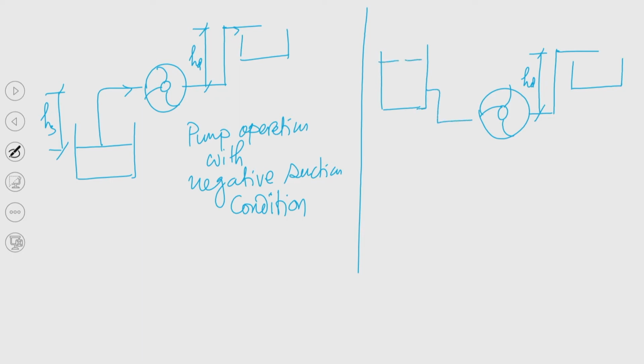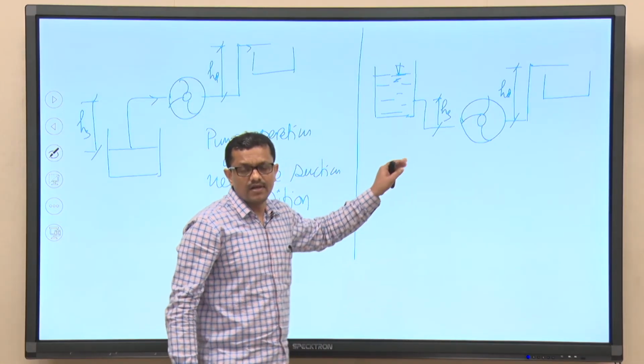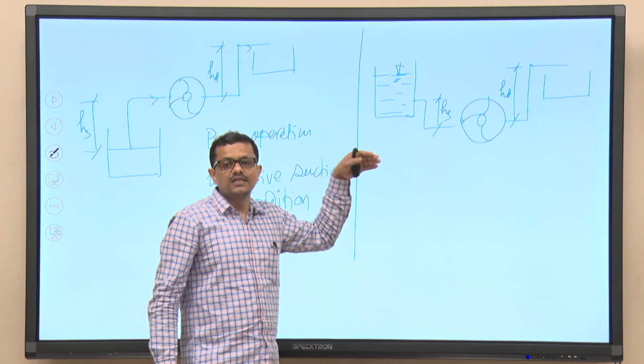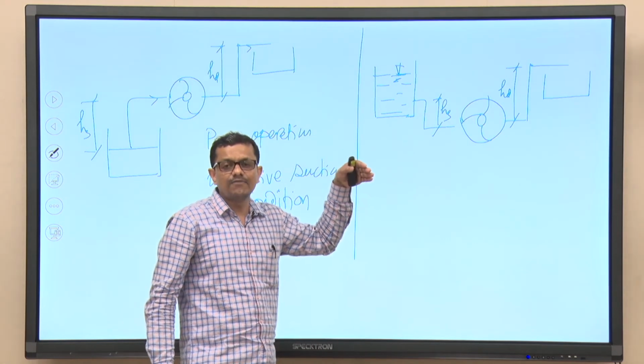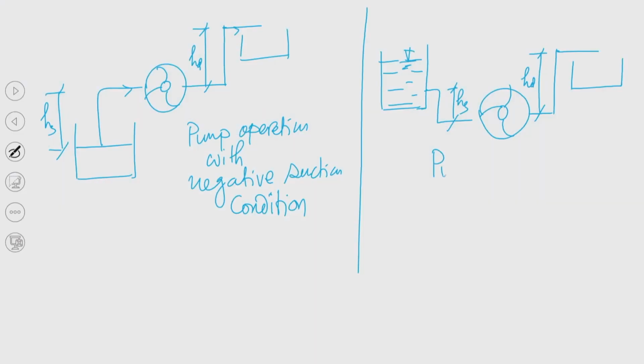So, this is the water tank, and this is atmospheric pressure. You can see this is Hs, but this Hs will be positive, right. So, this type of pump operation is favorable. Why? Because the expected undesirable effect like cavitation can be avoided, and this type of pump operation is known as pump operation with flooded suction.